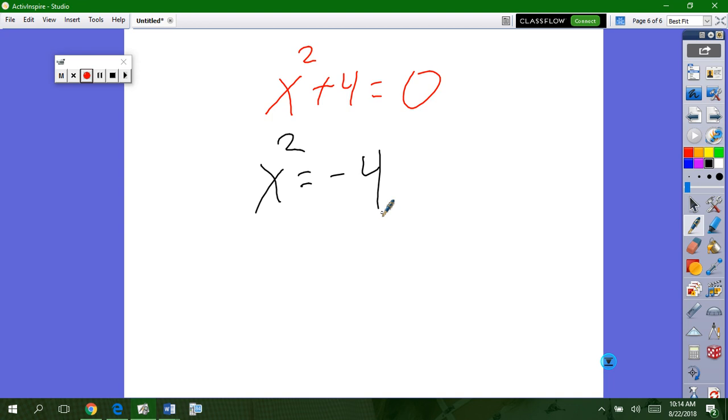Because whether you're a negative or a positive person, you square yourself, negative times a negative or a positive times a positive will always come out what? Positive, so how could it be negative? That's what makes it imaginary, right? But we do understand that there's an imaginary system that we can continue going on. So we just take the square root, and once again, when we take the square root, what do we need to do? Plus or minus.